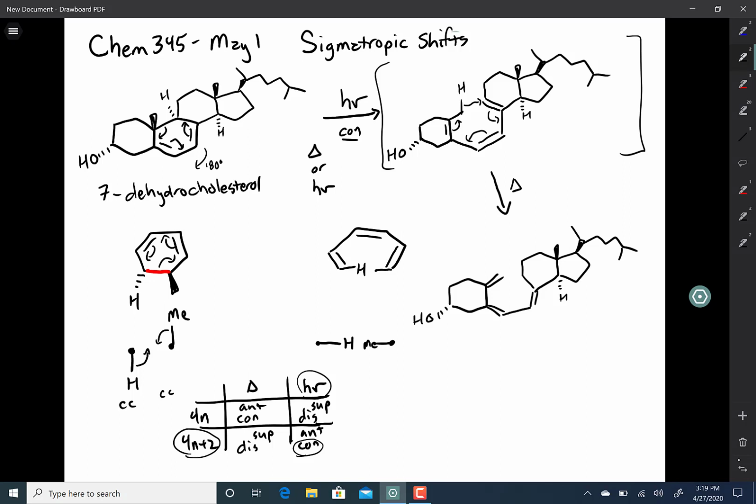Yep. This molecule just happens to be vitamin D3.